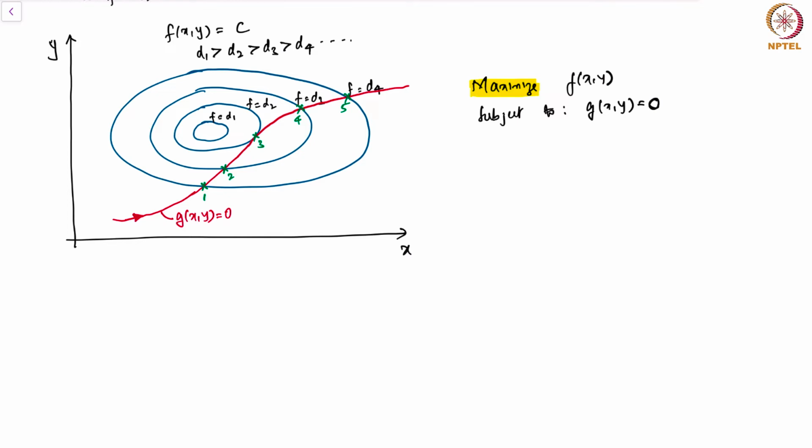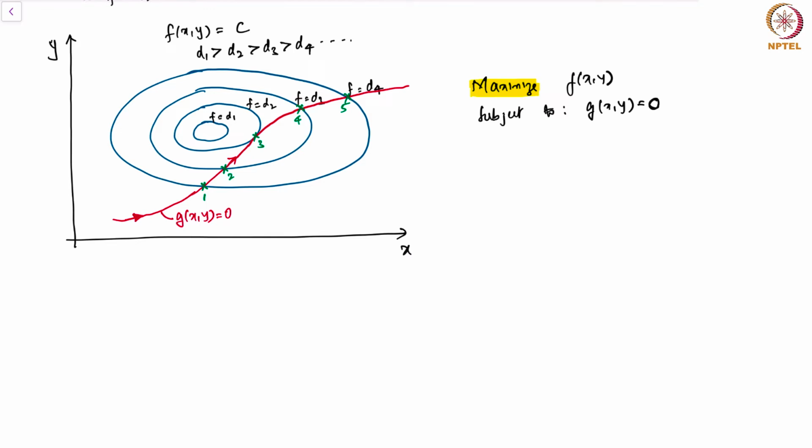What about 2? You have the same issue again, because if you proceed a little further along the constraint from 2, the value of f is again increasing. So you want to reach a point where the value of the function is not changing anymore.